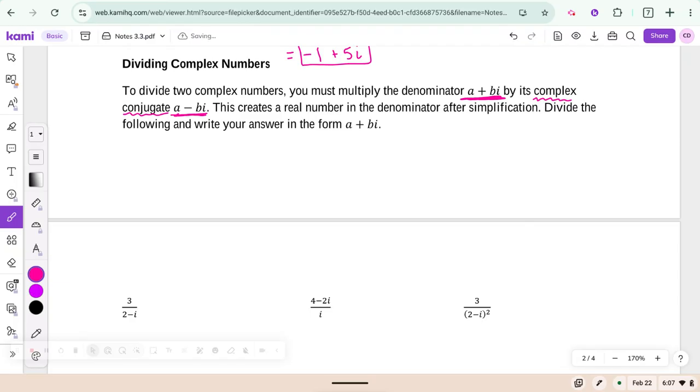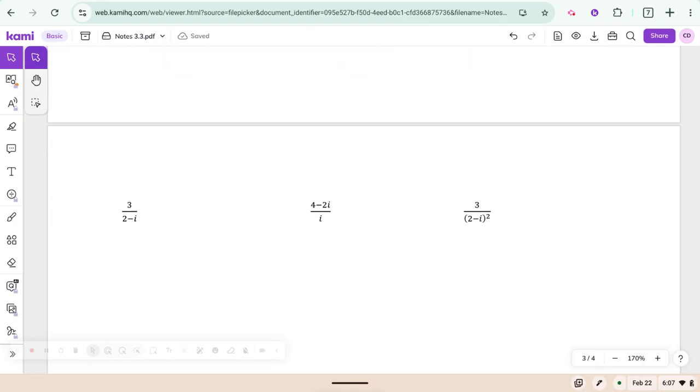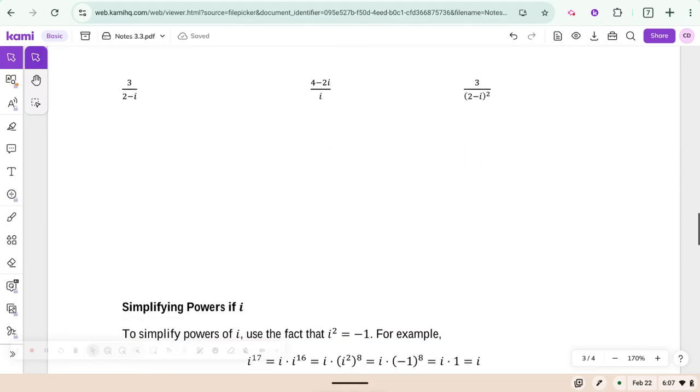So complex conjugates are two complex numbers that are exactly the same except for the sign in the middle. Now, by multiplying by a complex conjugate, we're going to create a nice rational denominator. And for some reason, mathematicians love nice rational denominators. Let me demonstrate with these examples here.